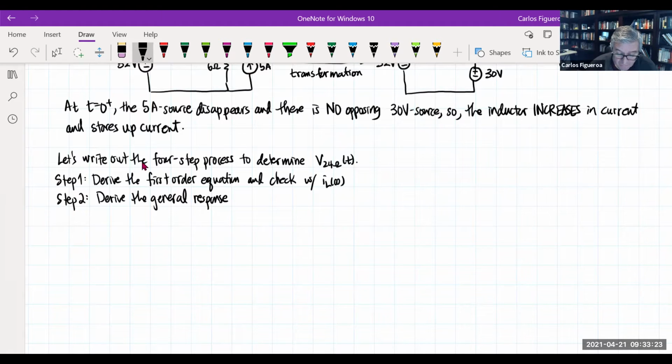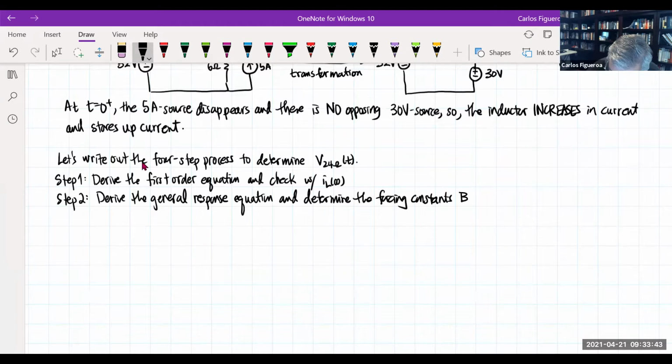Okay, so we're going to derive the general response equation and determine the forcing constants. And I don't know how many there are, but I'm just going to assume that there's 2. There could be 1, 2, and 3, or it could be 1. But I will always write B1 and B2.